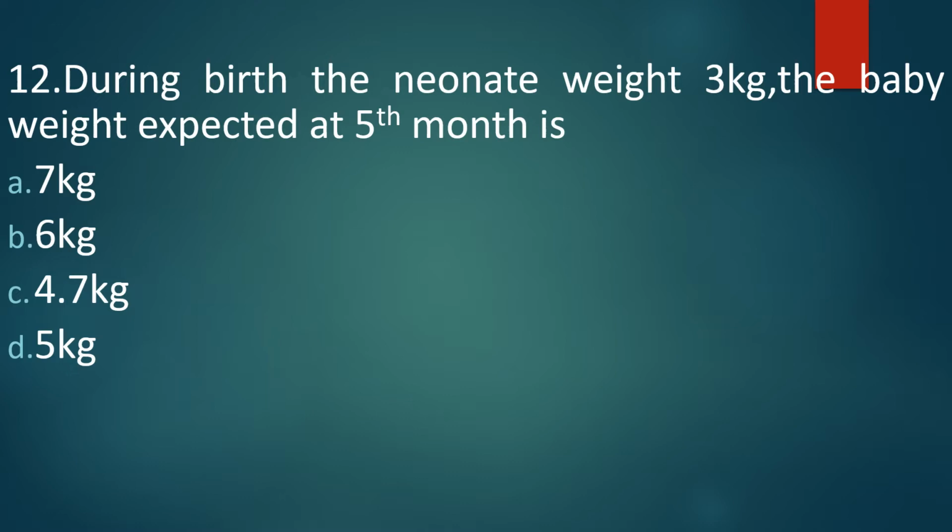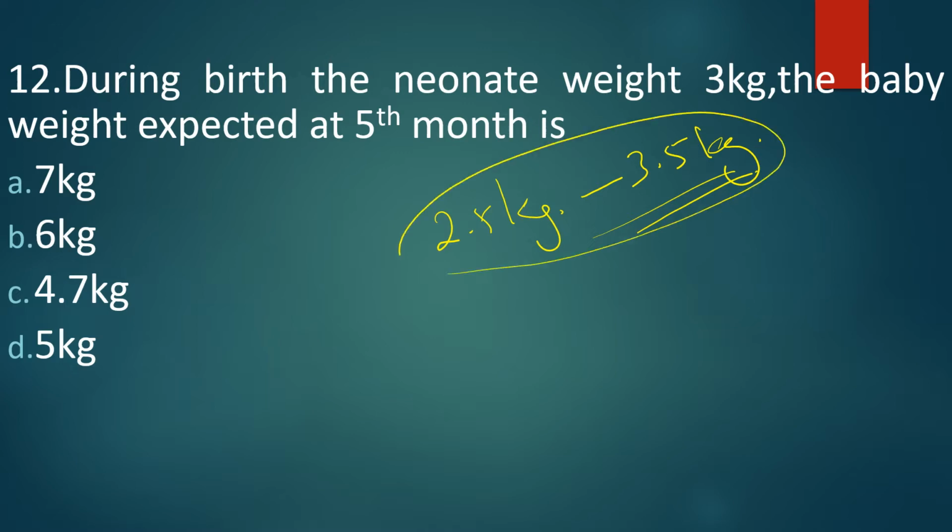I'll tell you a shortcut. As per the WHO, the ideal weight of the baby will be 2.5 kg to 3.5 kg, as per the Indian scenario, for Indian babies. So when the baby is delivered, this will be the range.